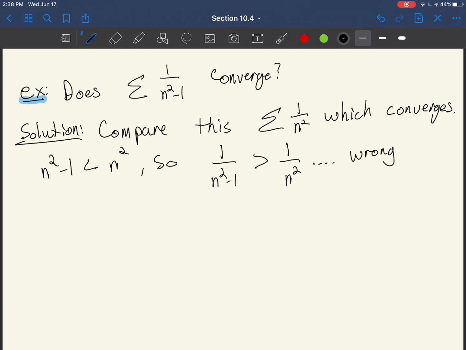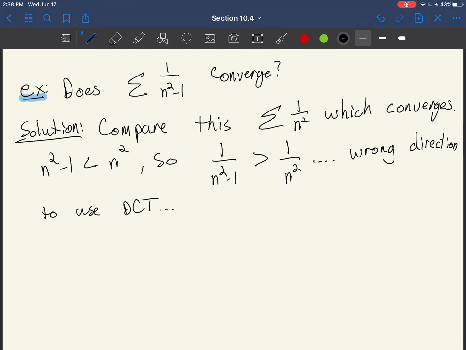Well, that's very unfortunate. This is the wrong direction of the inequality, the wrong direction to use the direct comparison test. So we need a different method. If you recall what we did in section 8.8 with improper integrals, we only really cared about the tail.